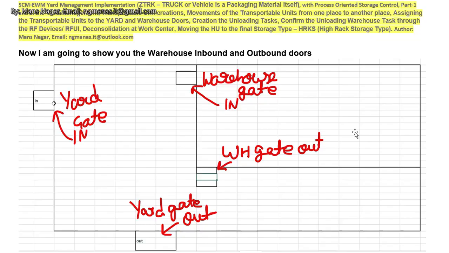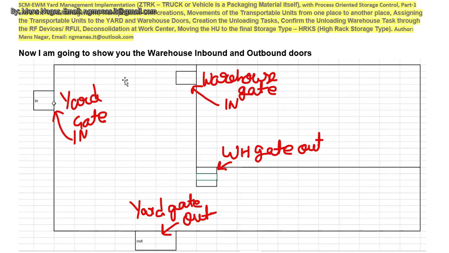Here I use the POSC process, the entire POSC complex process, and I created the transportable unit. Then I assign the transportable unit to the yard, because yard says if you want any movement with any bin, with any type, you need to attach with me. That's why I linked the transportable unit with the yard storage type.